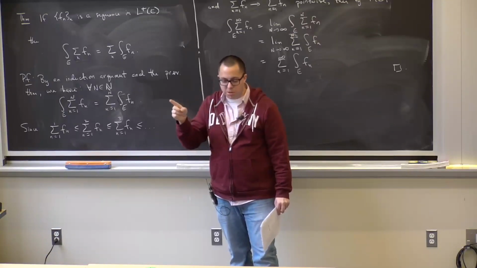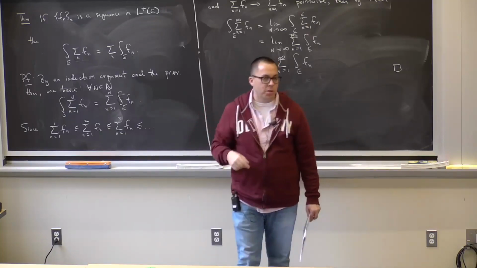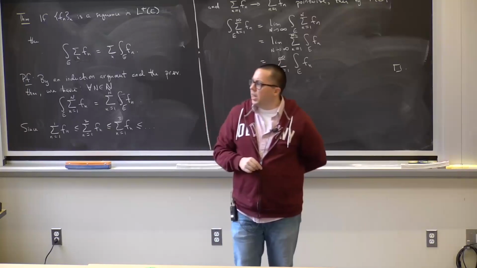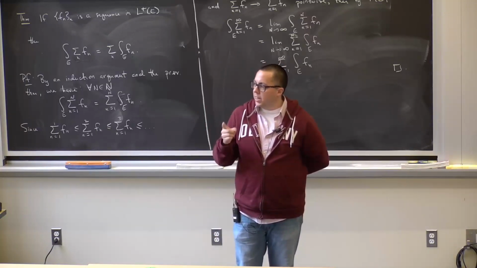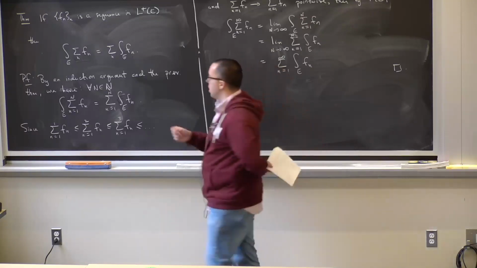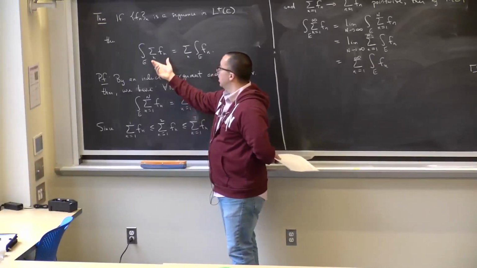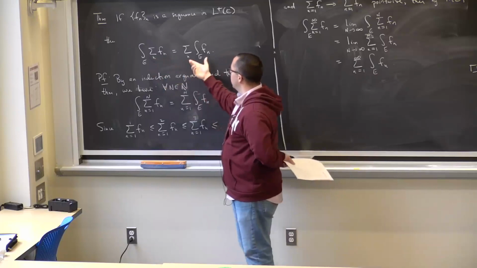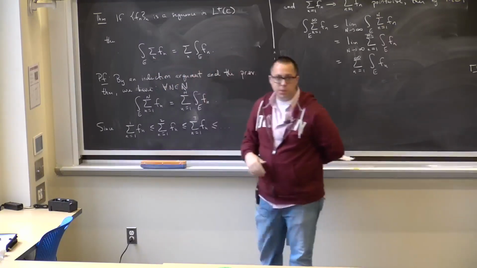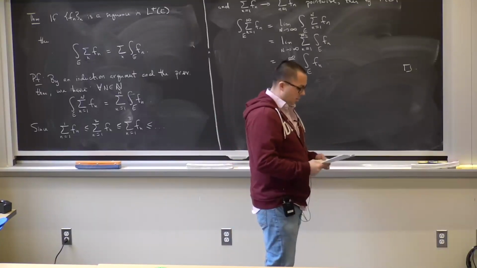So first enumerate the rationals q1, q2, q3, q4, and so on, and take fn to be the function that is 0 when x is not equal to qn, and 1 when x is equal to qn. Then the infinite sum is just going to be the indicator function of the rationals, say, in 0, 1. That's not Riemann integrable, but the sum of these integrals is just 0. Okay, so this is not true for Riemann integrals, so we're doing something much more powerful here.